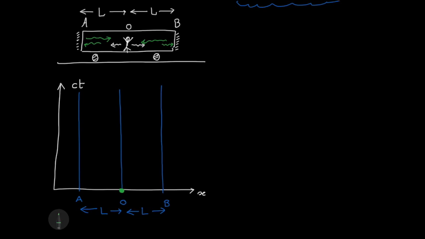So the light that comes out from here goes at a 45-degree angle. If I draw it going towards B, I have to draw it at a 45-degree angle. Imagine that is 45 degrees. So that is the trajectory of the light.